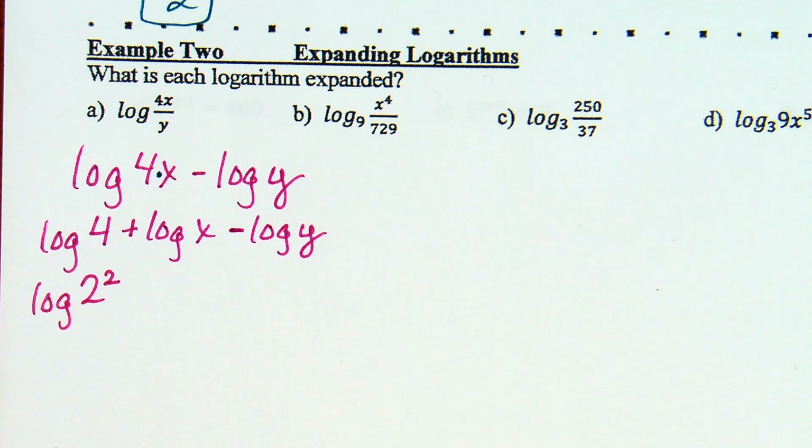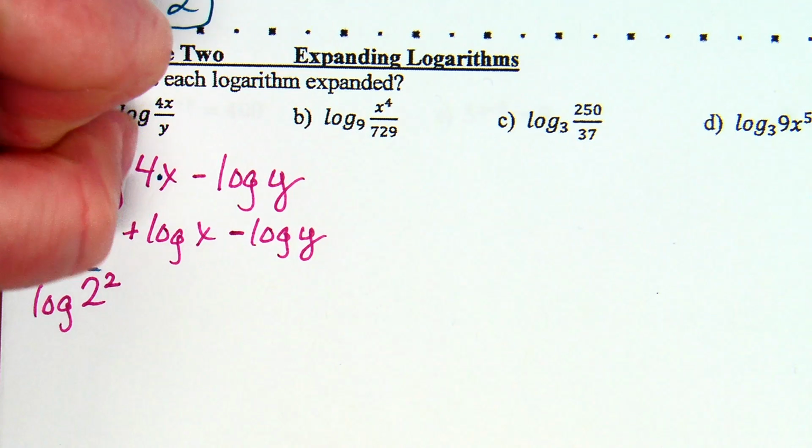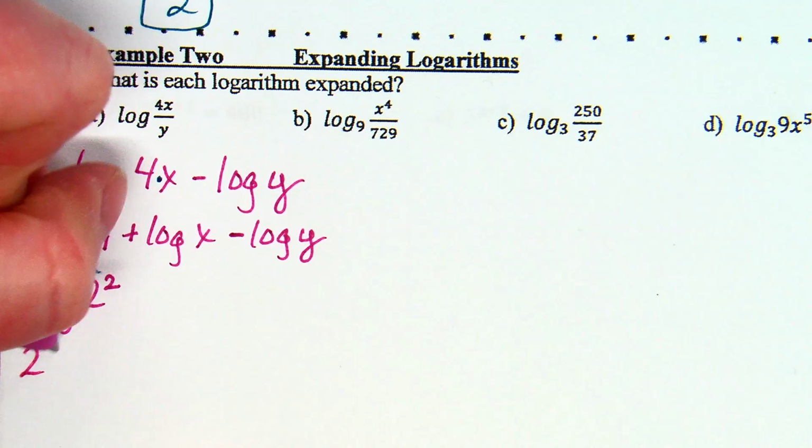What can I do with that 2? The power of 2, that is. Put it in front. We can use the power property. And the last step will be to write that 2 out front. No, we don't combine, because we're trying to expand it. So we can write this as 2 log 2.